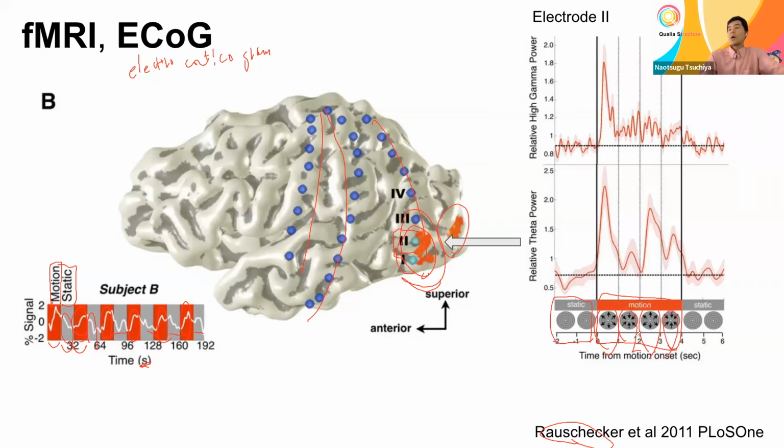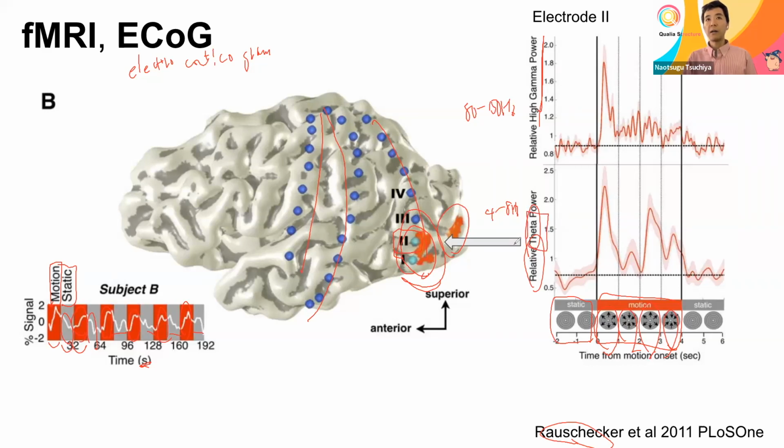And then what they found was that the so-called high gamma range power, usually defined as the 80 to 150 hertz component, or a slower component, theta power, like 4 to 8 hertz, within this ECoG electrode showed a selective response to the motion.